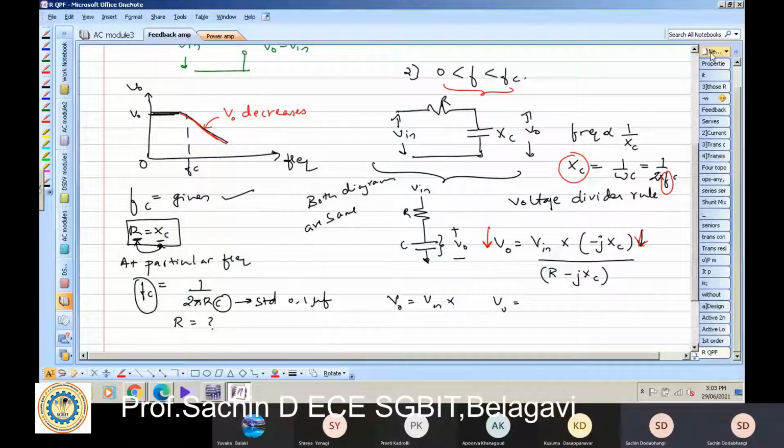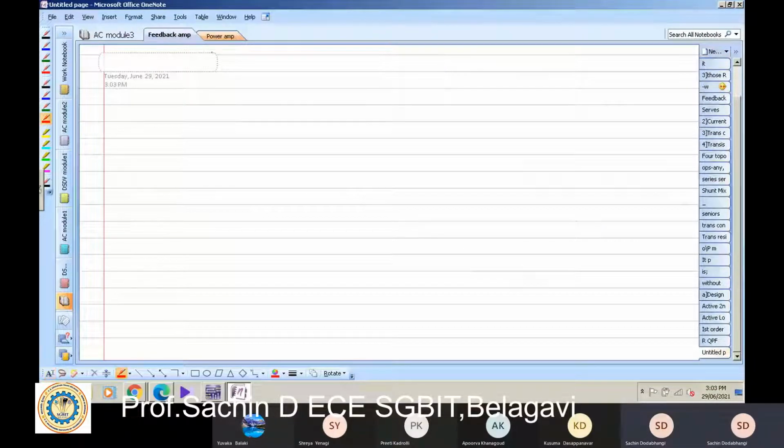Similarly for high pass filter, just invert. In place of capacitor you take resistor, and in place of resistor you take capacitor.